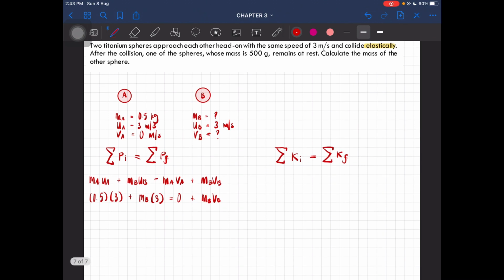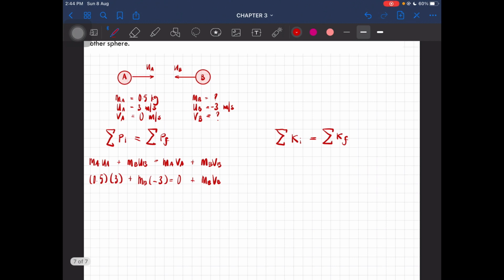remains at rest. Okay, before that we have to consider the direction, right? I forgot, I'm sorry. UA is going to the right, this one is going to the left, which means one of these should be negative, so this one should be negative 3. Why negative 3? Because now they are doing a head-on collision, so one should be going to the right, one should be going to the left. Okay, so let's continue.